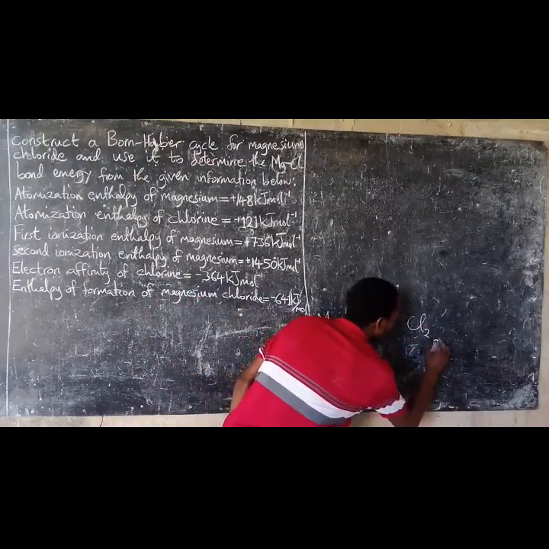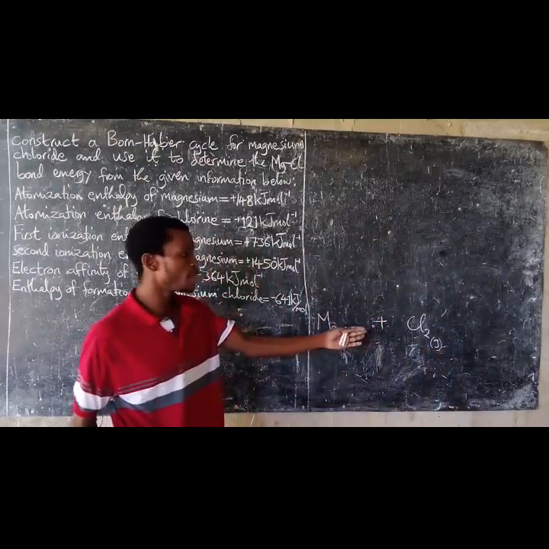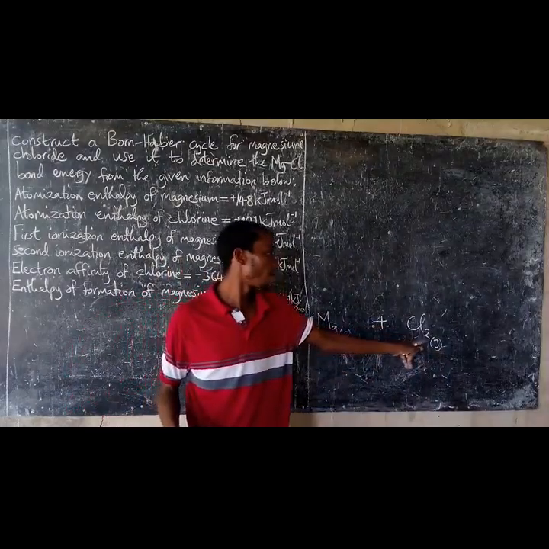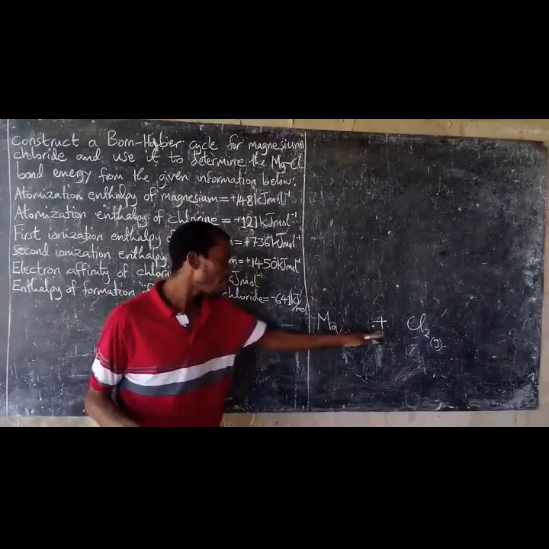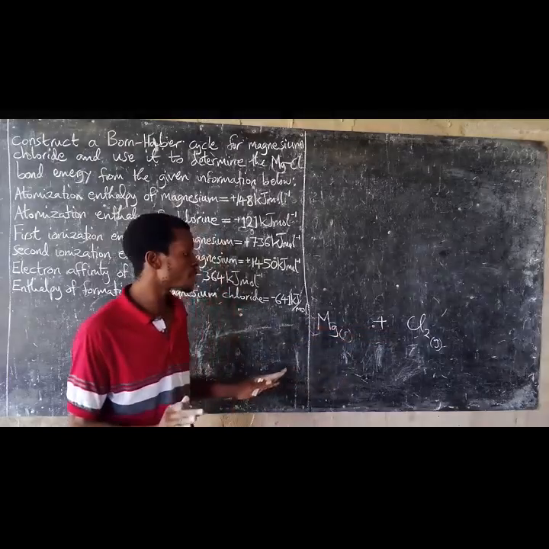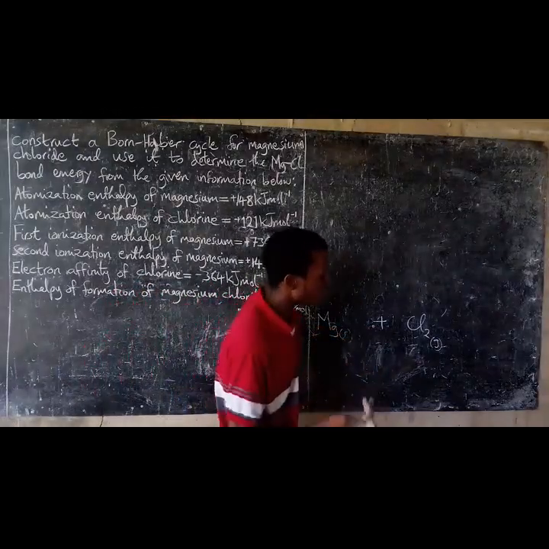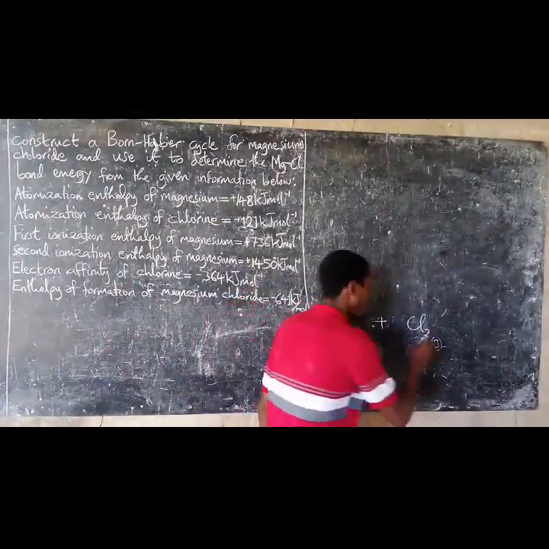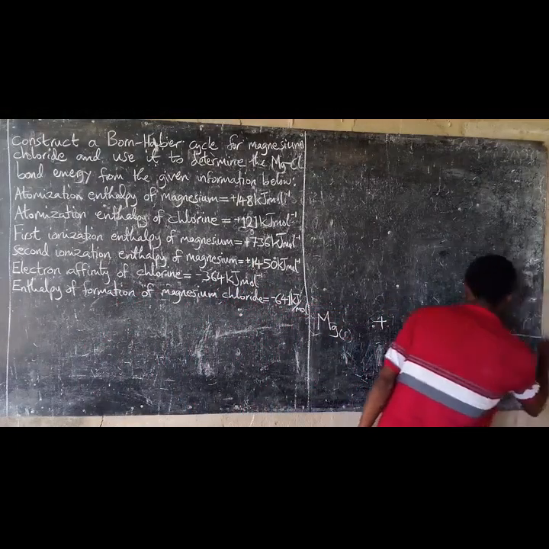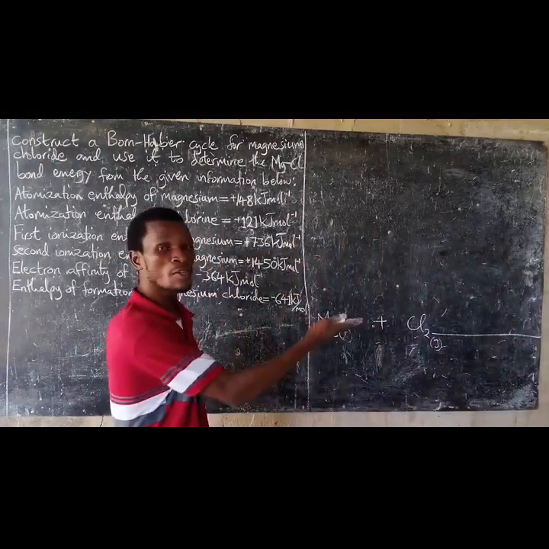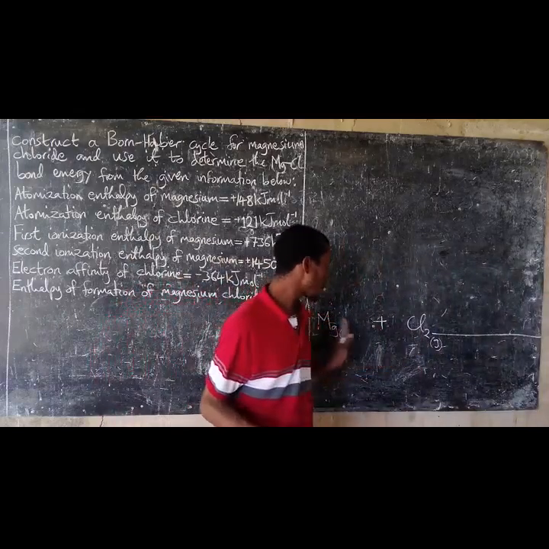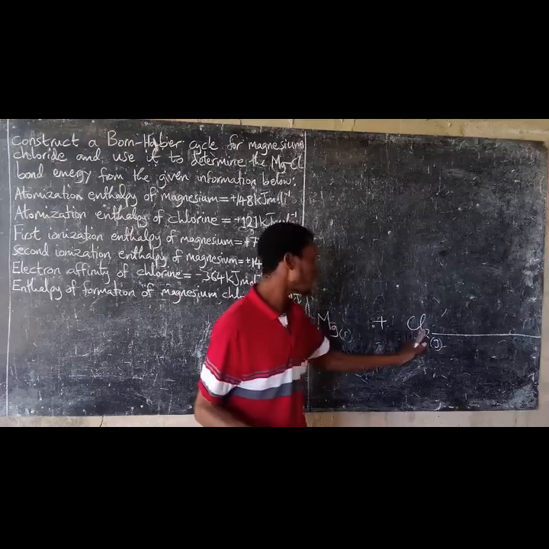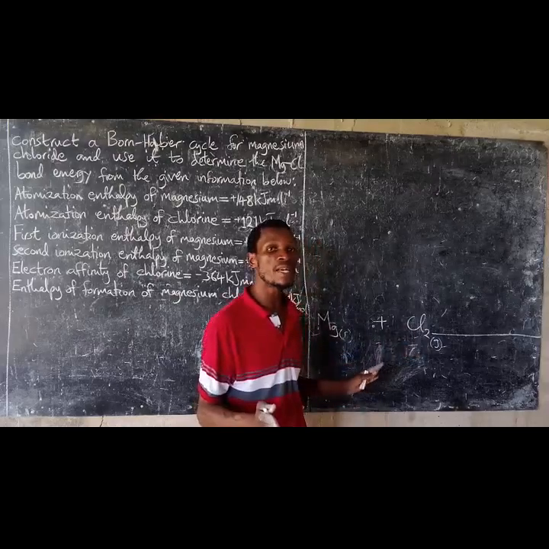This is a non-metallic element which exists in gaseous form. Then after writing the elements in their normal physical states, you take a ruler and draw a horizontal straight line, indicating that these standard substances, these reacting elements, are in the same energy level.